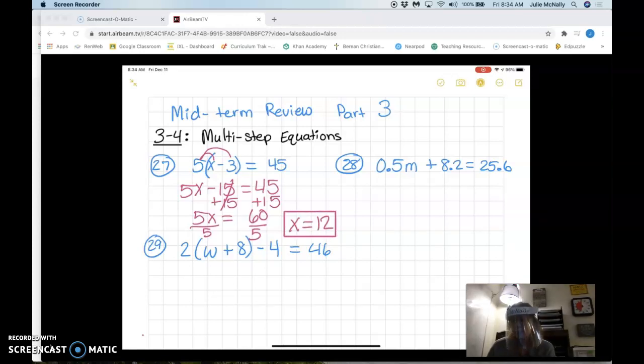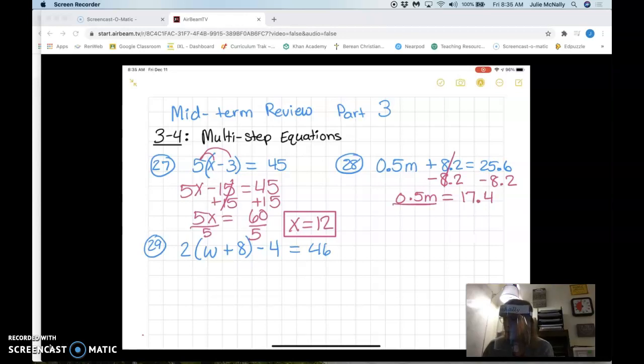Good. All right. And so number 28 has several steps, and we're dealing with decimals. So we're going to do minus 8.2. And that equals 17, right?